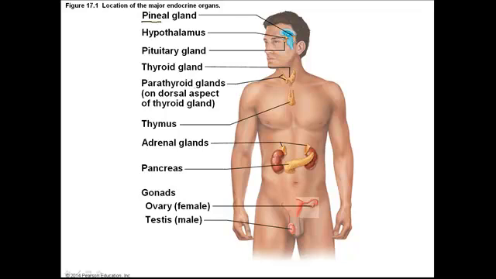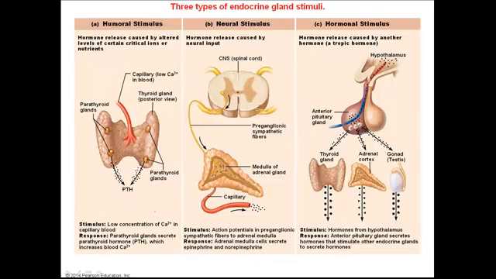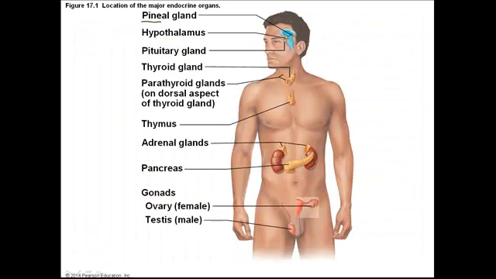The parathyroid glands, which are on the posterior side of the thyroid gland, but are completely discrete and separate and have completely separate functions. The thymus gland deep to the sternum, which basically disappears by the time you're 25. The adrenal gland superior to the kidneys. The pancreas, and the gonads, the ovaries and testes. So, kind of know where these are, and their names.